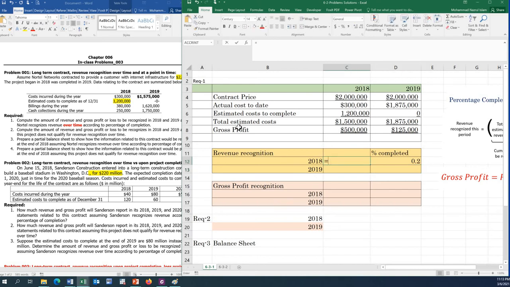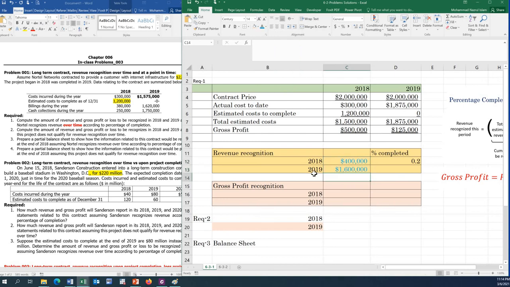So total revenue, this contract price, multiplied by this percentage completed is the amount of revenue we will recognize in 2018. And in 2019 it should be 2 million minus the amount we recognized in 2018. So this is the total revenue recognized for 2018 and 2019.